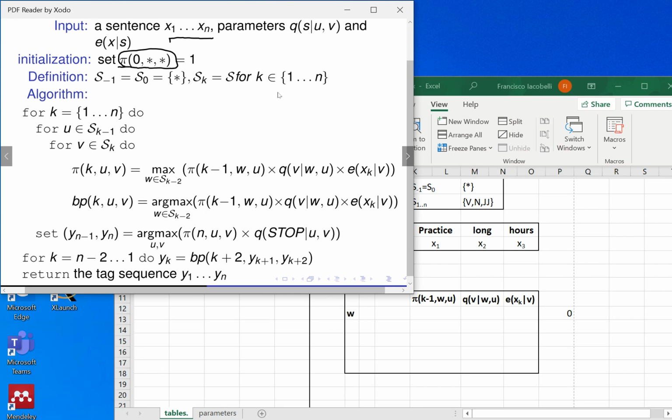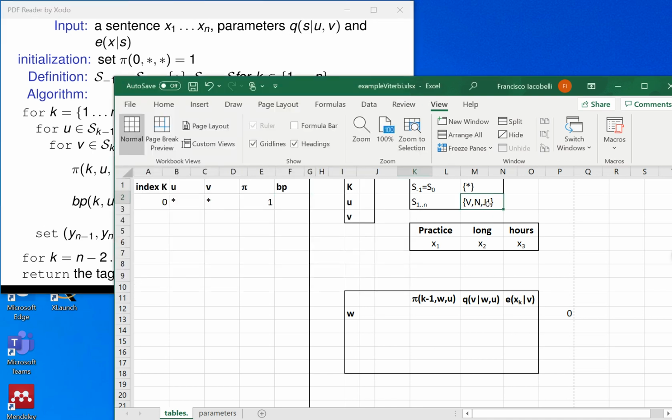So this S, just without any index there, is all possible tags. And our possible tags, for simplification, are going to be just V, N, and JJ right here. So S-1 and S0 only have one element, which is the star, and S1, 2, and 3 are going to have 3 elements, V, N, and JJ, assuming those are all my tags. Of course, you're going to have a lot more tags than that.